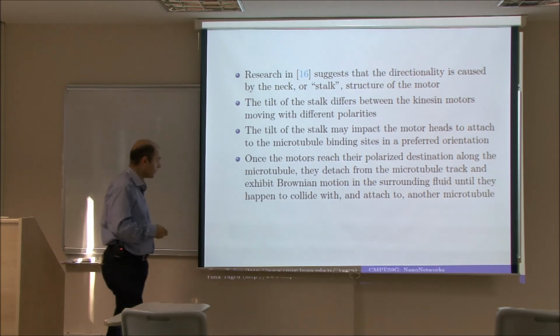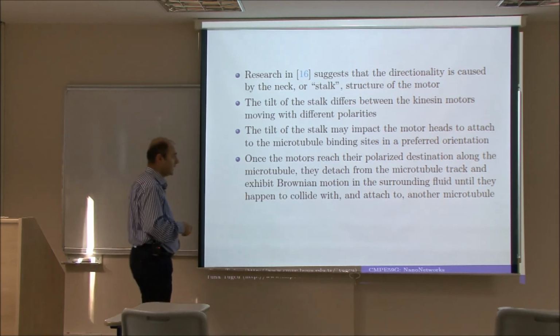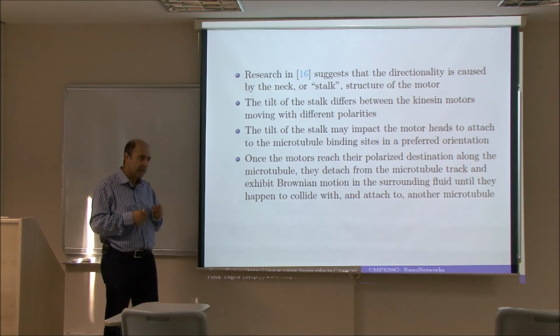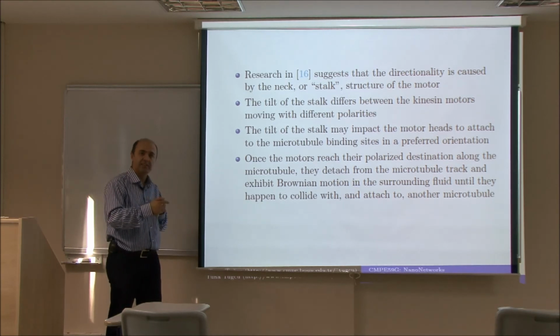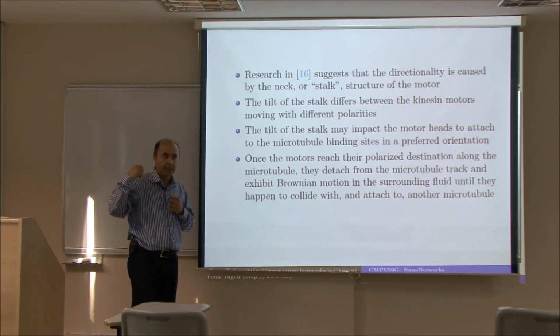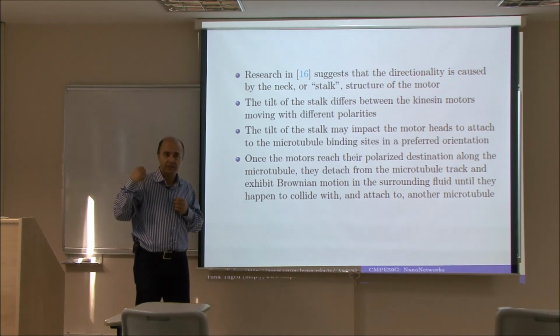Okay? Once the motors reach their polarized destination along the microtubule, due to the polarization there, when it reaches the end, it's not able to hold its load so strongly anymore. Therefore, the load is detached from the neck at the destination, which is what we want.